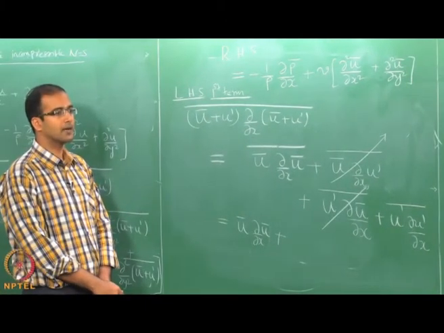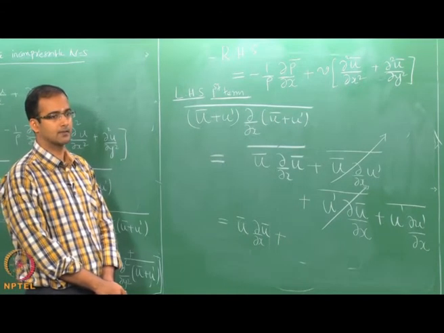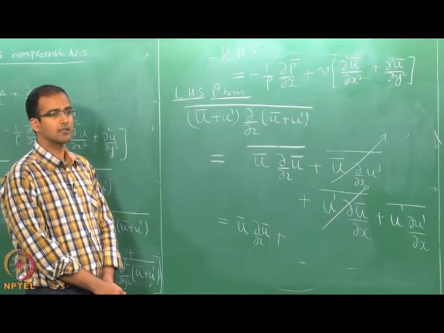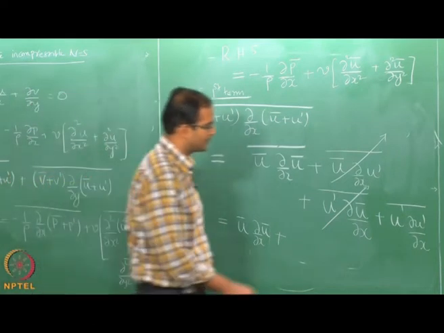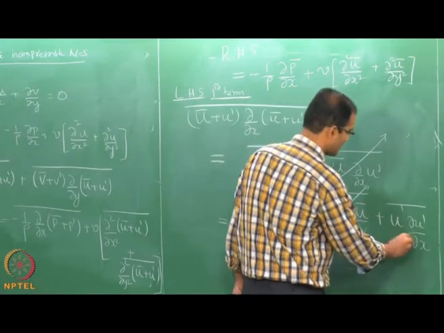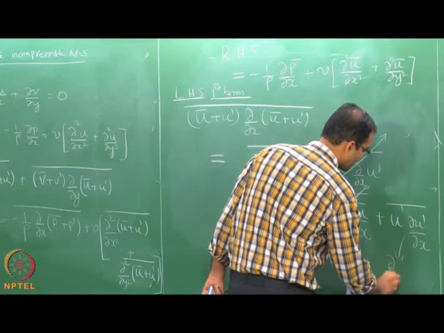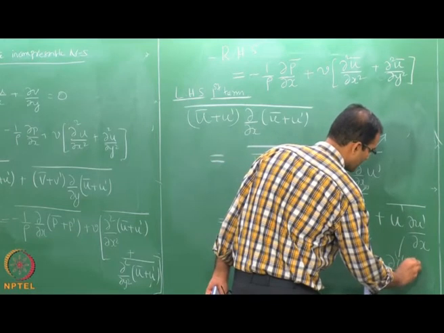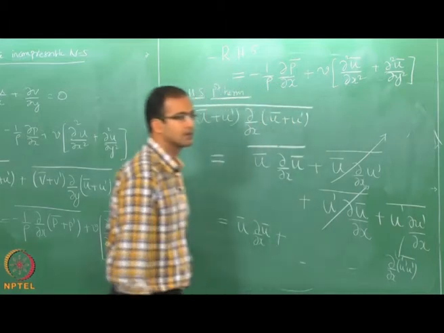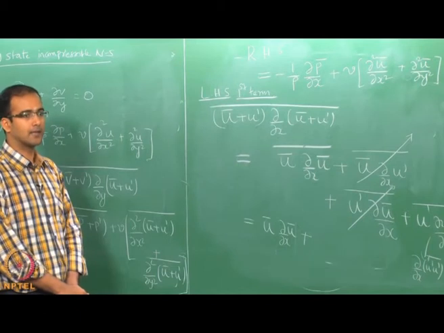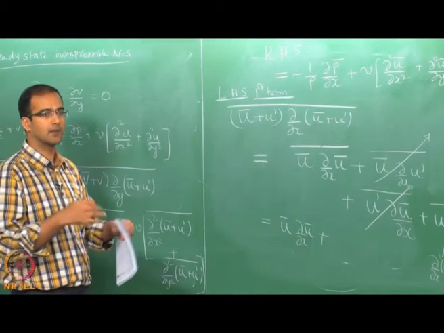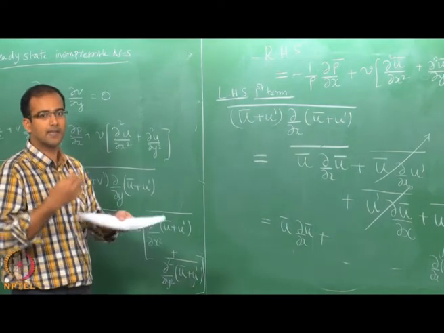We have u prime multiplied by du prime by dx, but we do not have an averaging rule which says that this should be 0. In fact, this can be written as d by dx of u prime and then apply the average. So, when you take the product of the fluctuating components, multiplying u prime with itself or with v prime, and then take the average, this is not 0.